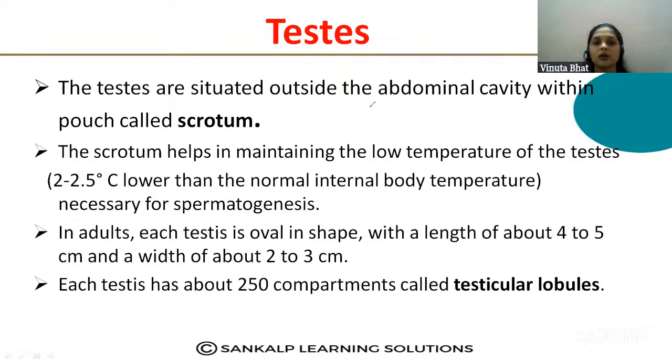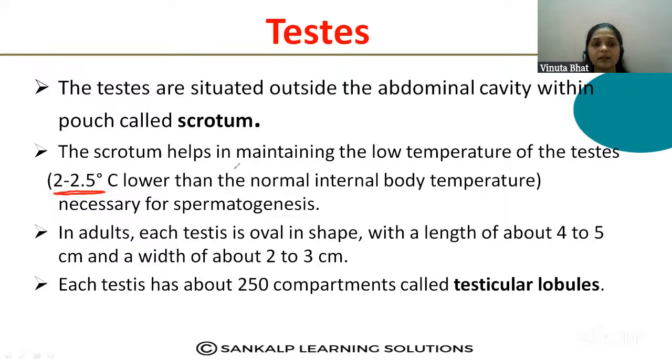Normal body temperature is 98.6 Fahrenheit, right? But around 2 to 2.5 degrees Celsius is less inside the scrotum.